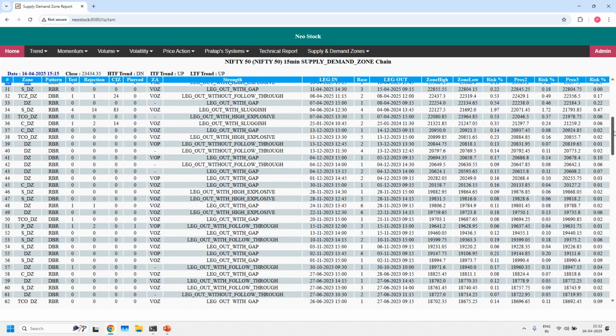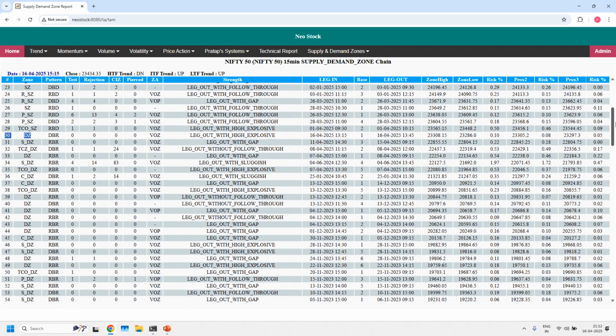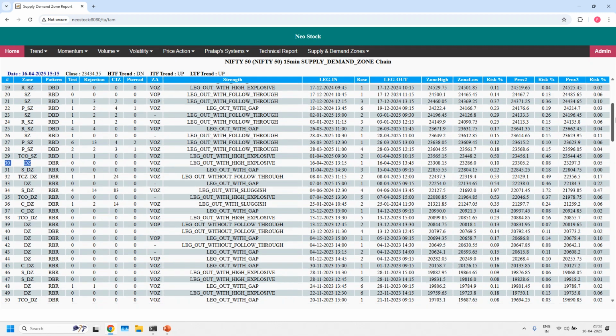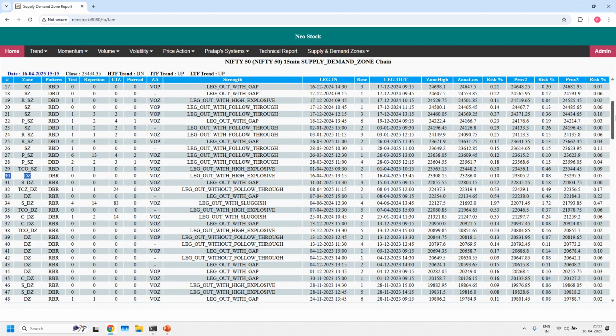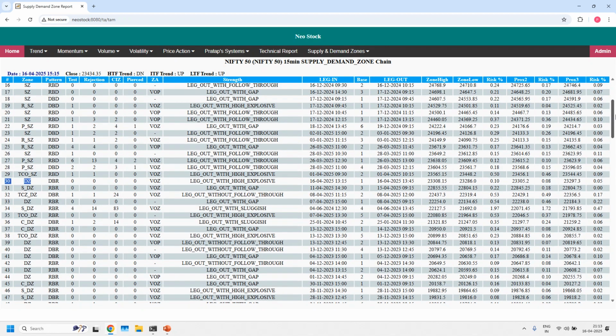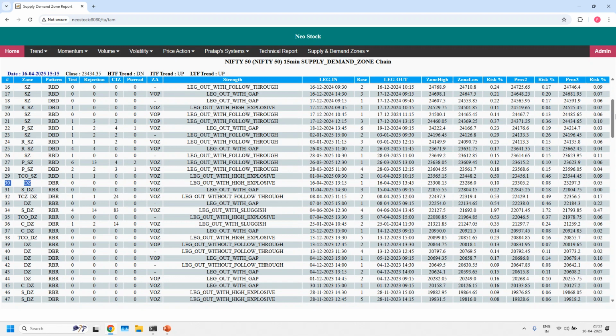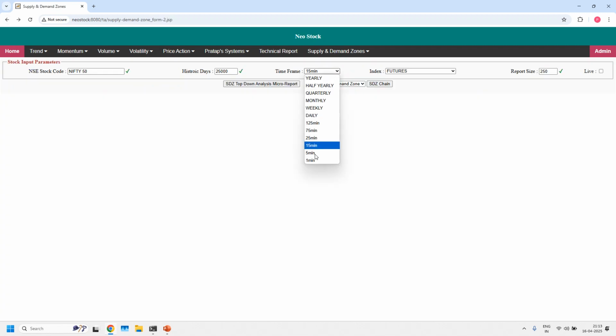Let me adjust it in the center. Next, generating 5 minute supply demand zone chain for Nifty.